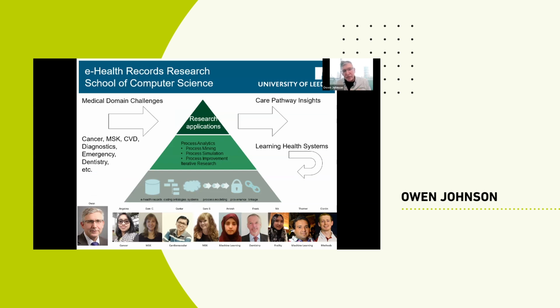Over the last 15 years I've been working across a whole range of different medical domains, using a whole range of data science and process science techniques to get some insights into care pathways. A humble aspiration: can we just see what a care pathway looks like, and can we make it better? That's the humble aspiration, top right.